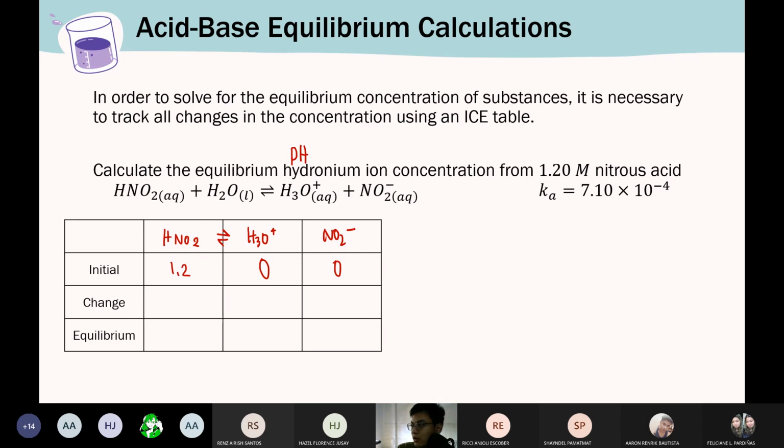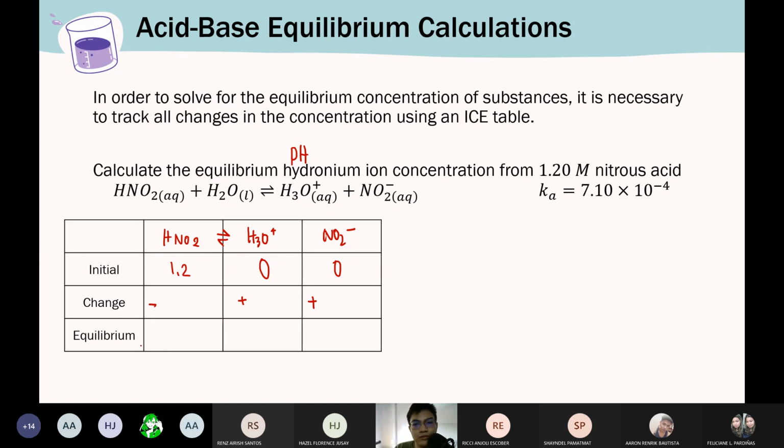Just looking at the table, it is the products. So, the change for the products ay positive, and then for the reactant, that will be negative.